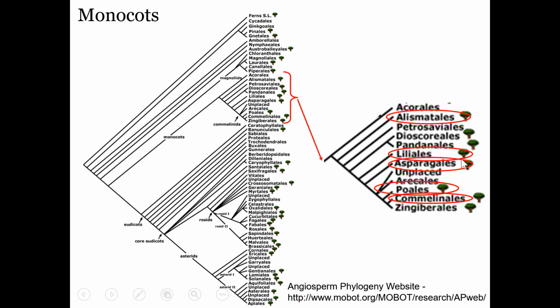Now, I want to point out something. For example, the Liliales, that is an order, there will be something called a type family. And the type family is the most representative family in that order. And you can imagine that the most representative family of the Liliales is going to be the Liliaceae, the family that is the type family for this order.